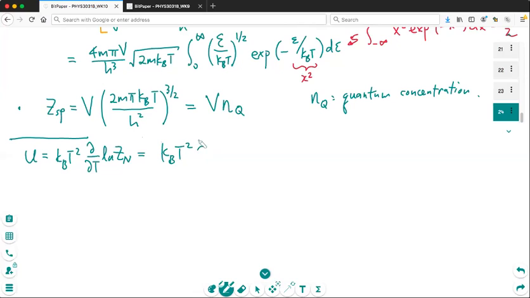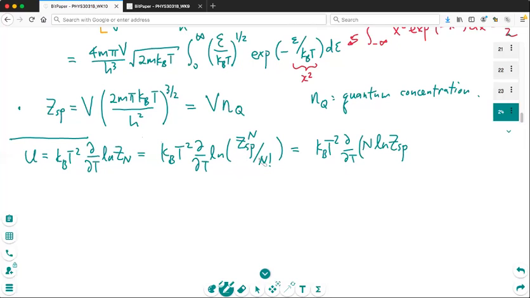We will have log, okay, and then I will have kBT squared times n log of the single particle partition function minus log of n factorial, but this is not dependent on T, so that drops out.